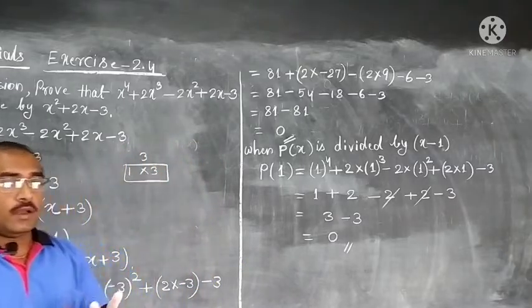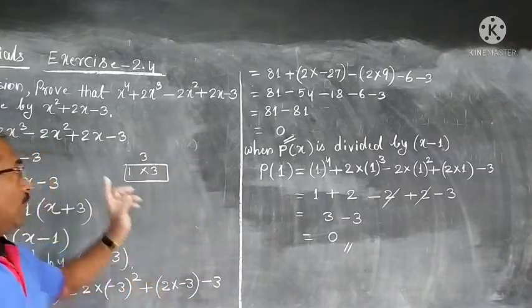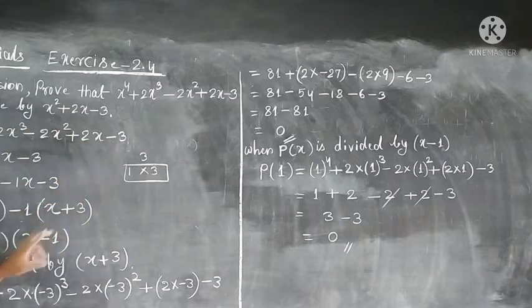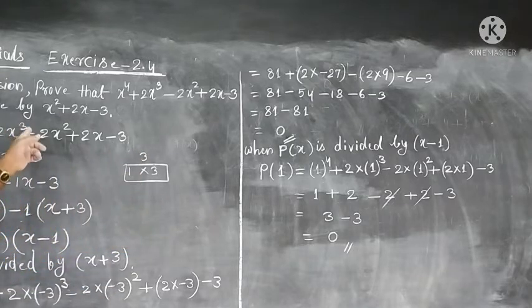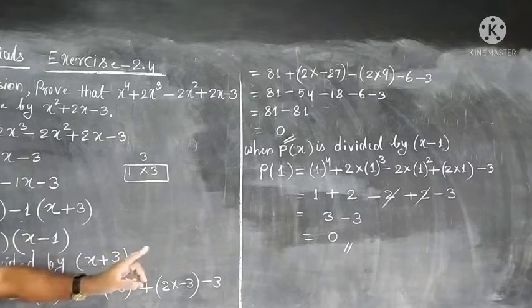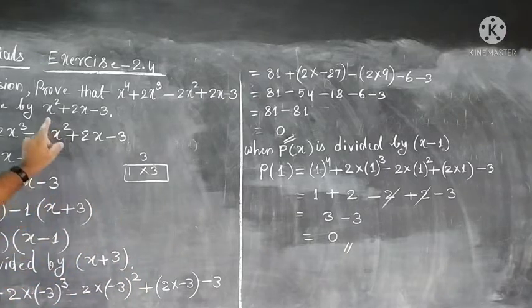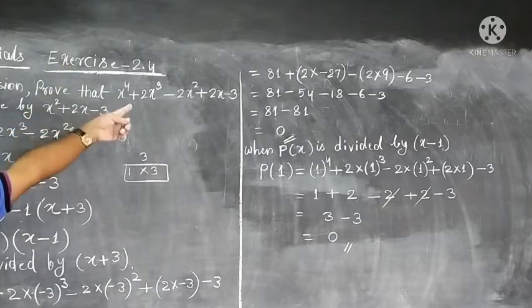So the trinomial x square plus 2x minus 3 had two factors. From both factors we found the remainder 0 when we divided the polynomial. That means surely this trinomial is a factor of the polynomial.